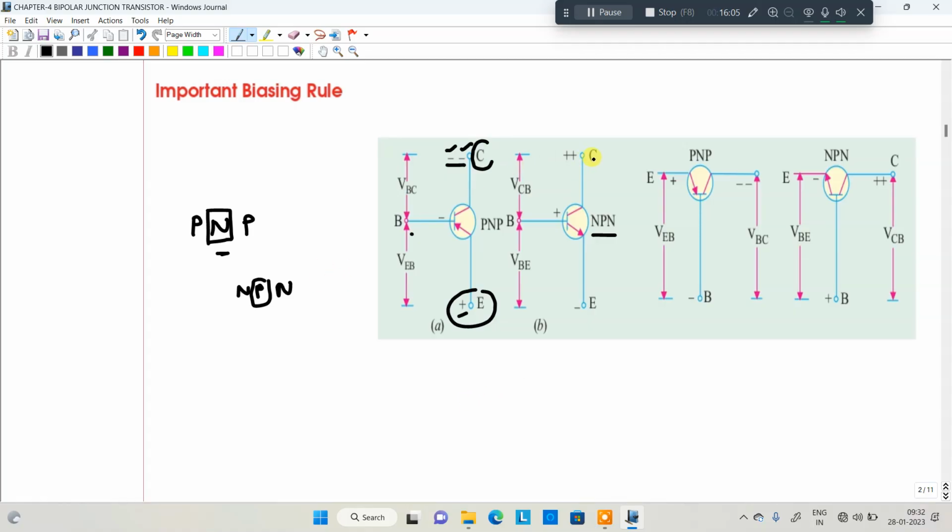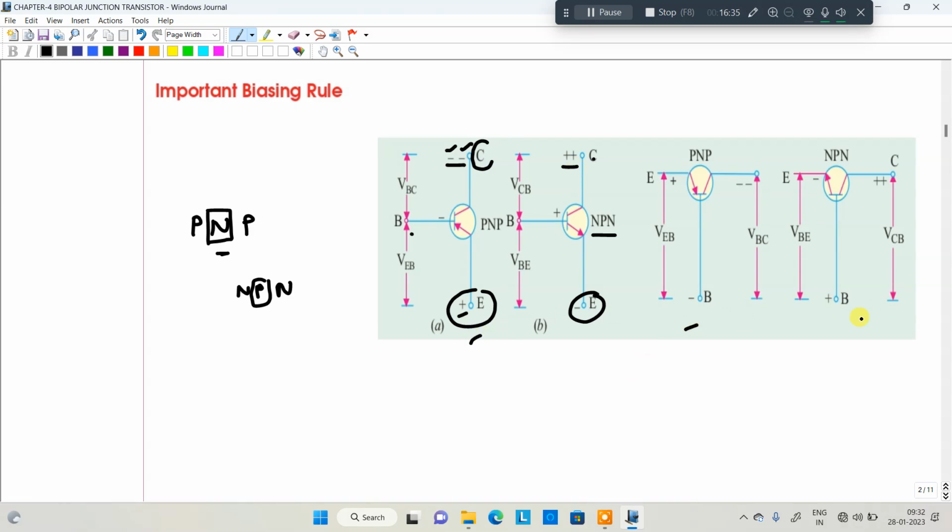That means the collector and base are positive with respect to the emitter. Remember, the collector and base are positive with respect to the emitter. So here two pluses are represented. Compared to the base, the collector is more positive, that's why two plus symbols are represented.